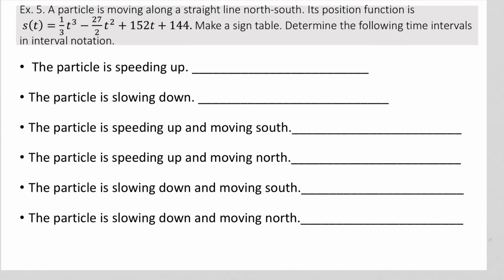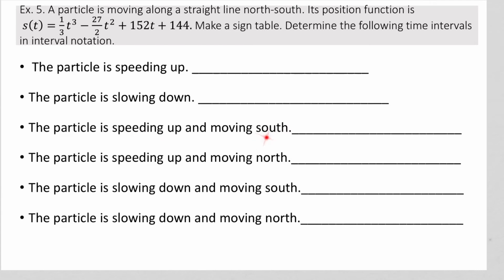Okay, here's our final example. It says a particle is moving along a straight line. This time it's going north and south. Its position function is given here. Make a sign table. Determine the following time intervals in interval notation: speeding up, slowing down, speeding up moving south.